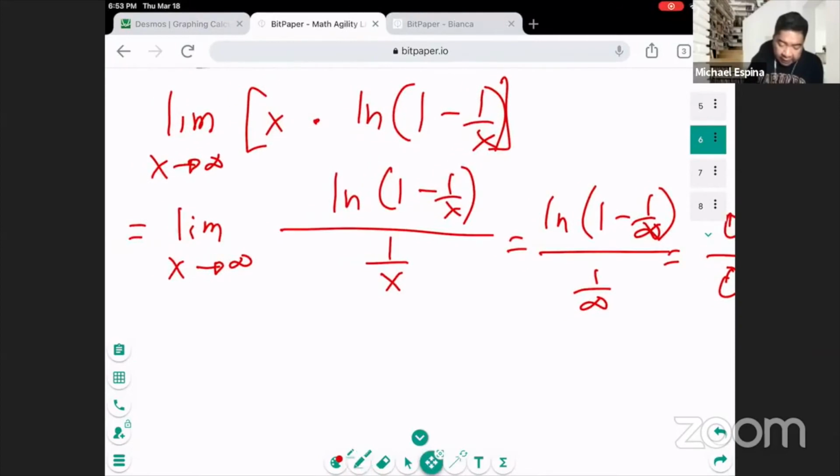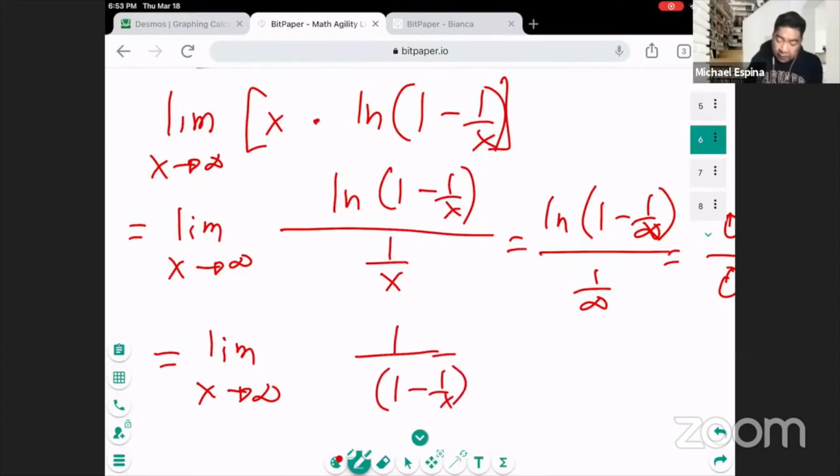So let's take the derivative of our numerator. The derivative of ln of (1 minus 1 over x) is 1 over (1 minus 1 over x), times the derivative of 1 minus 1 over x, which is 1 over x squared, negative becoming positive.